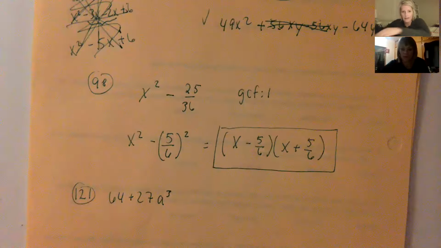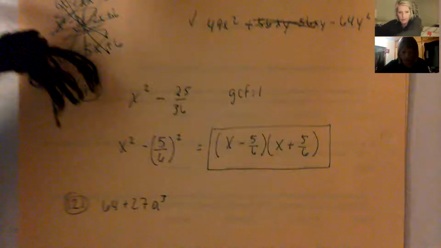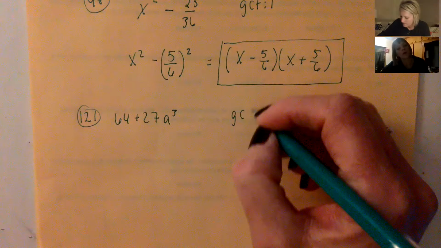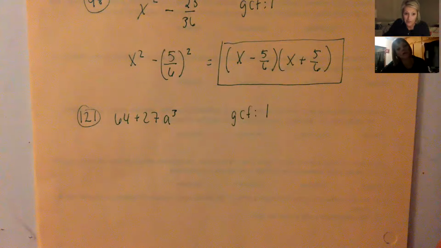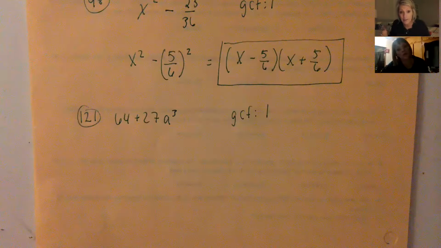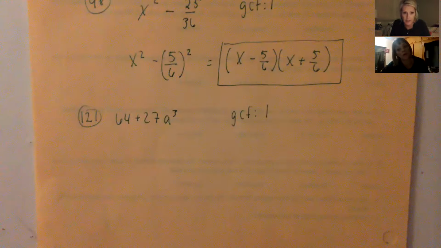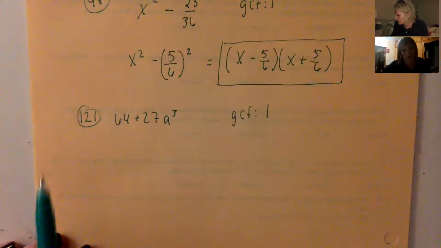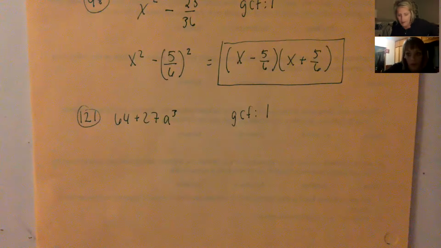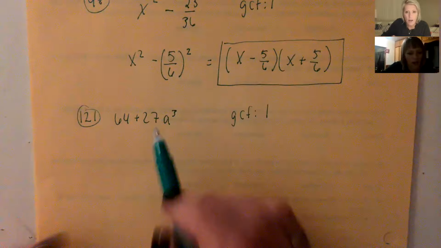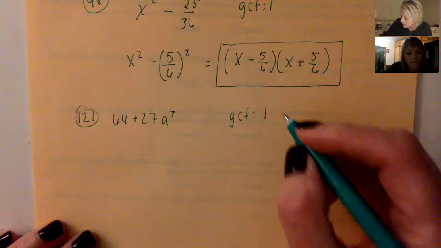And I'm gonna see if there's any greatest common factor. And there's not. 27 has just got 3's, right? 3 times 3 times 3, and 3 is not an even divisor or factor of 64. So that's not even an option. Okay. So how many terms? We have 2 terms.